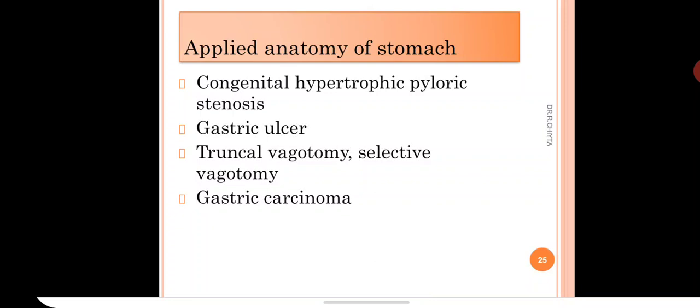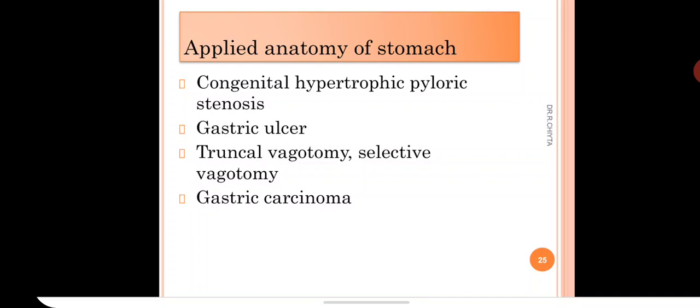Gastric ulcer is itself a vast topic, which you will learn in the coming years of medicine. The gastric ulcer affects the mucosa of the stomach. For the treatment of the gastric ulcer, truncal vagotomy or selective vagotomy are the surgeries which should be done, because the gastric ulcer may sometimes perforate.